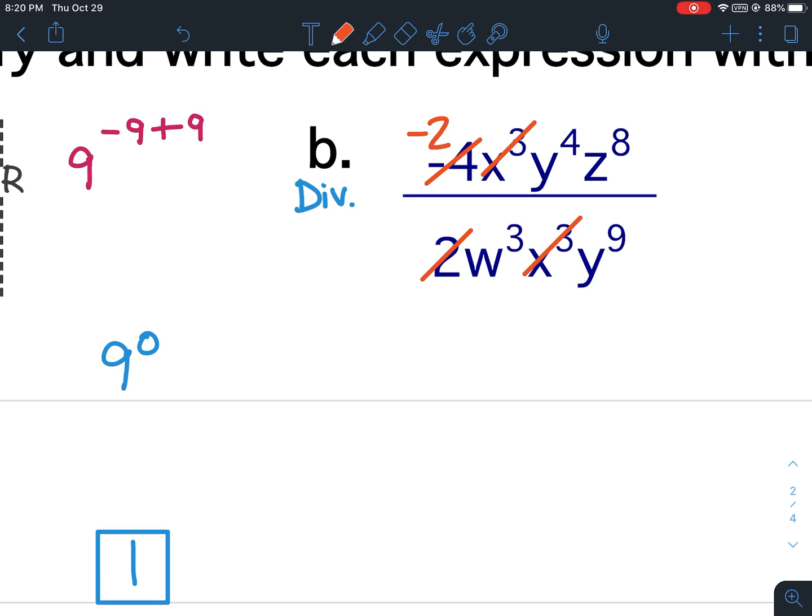And then for my y terms, y to the fourth has the smaller exponent. So that one gets completely crossed out. And I'm going to subtract 4 from 9 to get y to the fifth on the bottom.